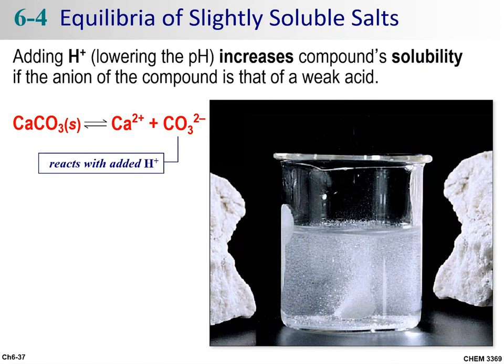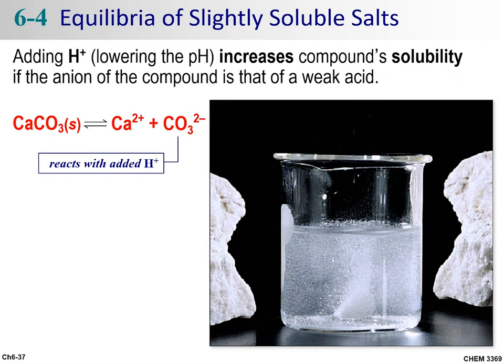Okay, so we can either dissolve more salt or we can dissolve less salt. These two factors that affect the solubility are the pH of the solution and the common ion effect. So let's start with the pH.